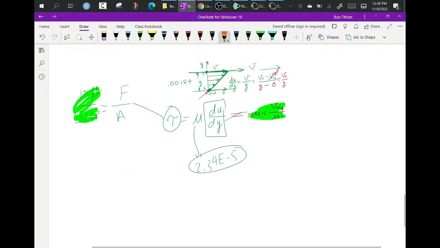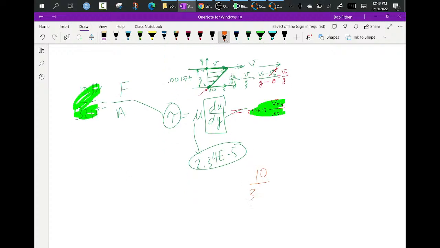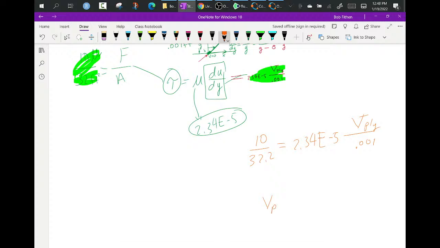So 10 over 32.2 is equal to 2.34 e to the minus 5 times the velocity of the plywood over 0.001. The velocity of the plywood is equal to 10 times 0.001 over 32.2 over 2.34 e to the minus 5.